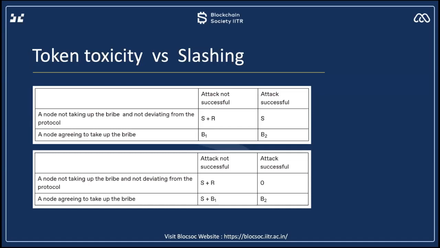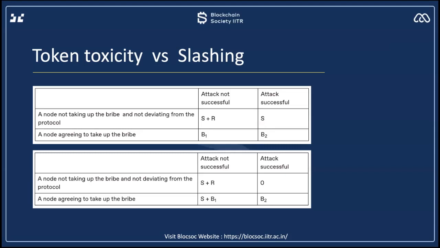Okay. So now you'll have to weigh your chances of what's going to happen. So you have a stake S, right? And on that stake, you're getting a reward R. So in case you do not take the bribe and the attack is not successful, then nothing happens to you. You have your stake, and for doing the task, you got a reward.